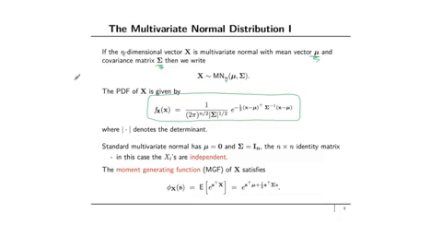The standard multivariate normal has mean vector mu equal to 0 and variance covariance matrix equal to the n by n identity matrix. And in this case, the xi's are independent. We can actually see that because in this case, we can write the joint PDF of x as being equal to the product i equals 1 to n of 1 over root 2 pi e to the minus a half xi squared.